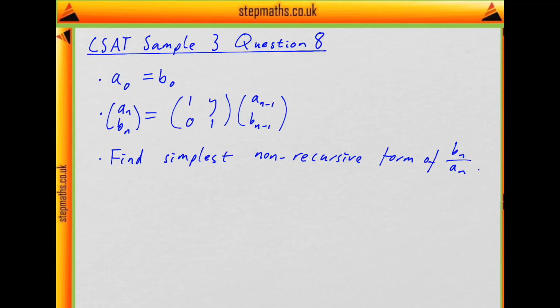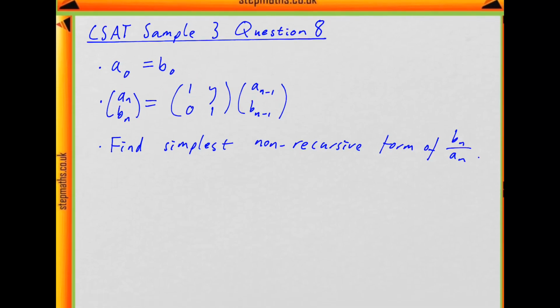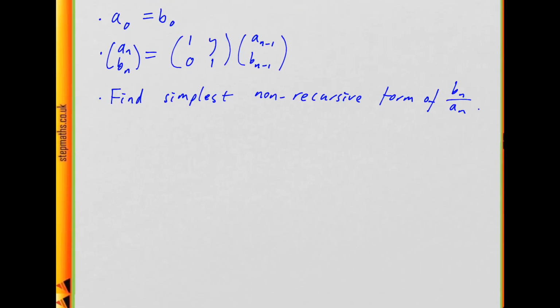So first of all, they've given us this information about sequences in a convoluted way where we have to multiply by a matrix. So let's just unpack this. We know how to do matrix multiplication. So that means this will turn into a couple of equations, one for the x-coordinate and one for the y-coordinate, if we think of it that way. So first let's calculate what An is in terms of these things.